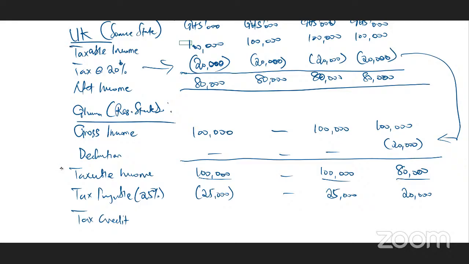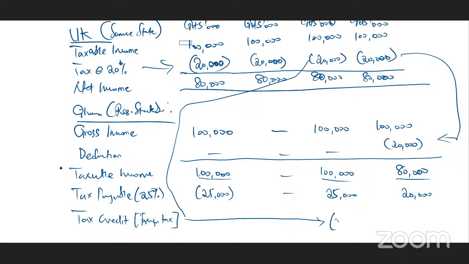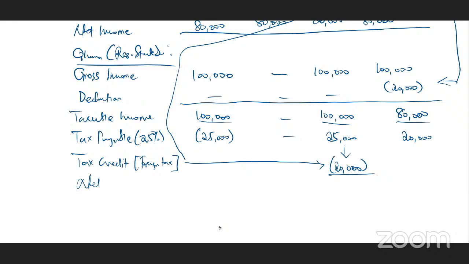The tax credit is the foreign tax that he paid, the 20,000 he paid in the UK. It will be given to him as a credit, deducted from that tax. So he'll end up with net tax of 5,000.